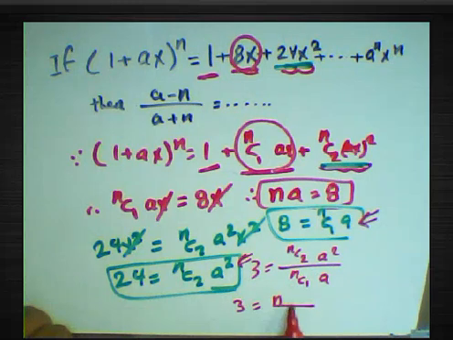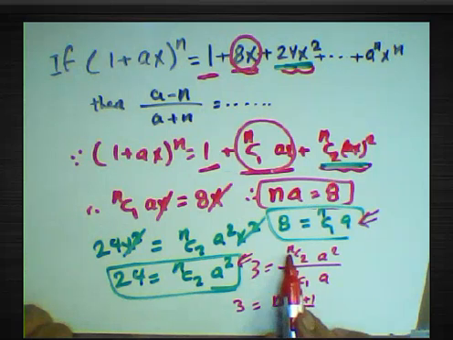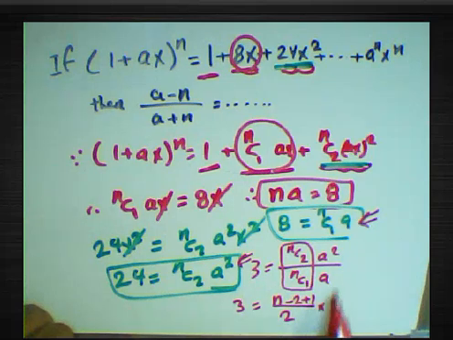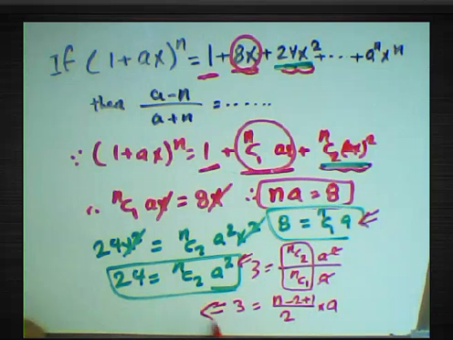We can write n subtract the greatest plus 1, divided by the greatest. Understood? Because we have two consecutive terms here, the greatest and the smallest. N subtract the greatest plus 1 divided by the greatest, multiplication by a power 2 divided by a equals a, and then 2 times 3 equals 6.